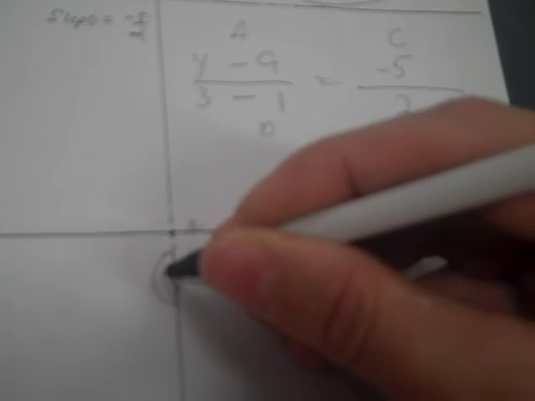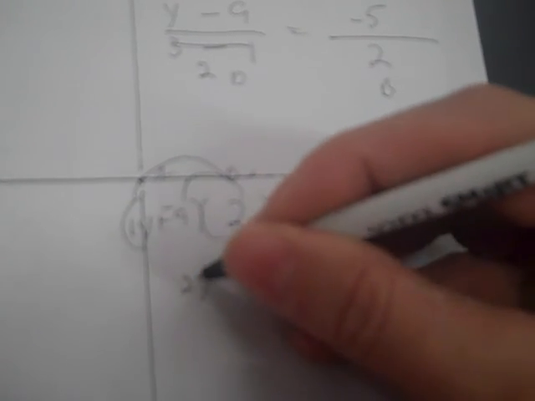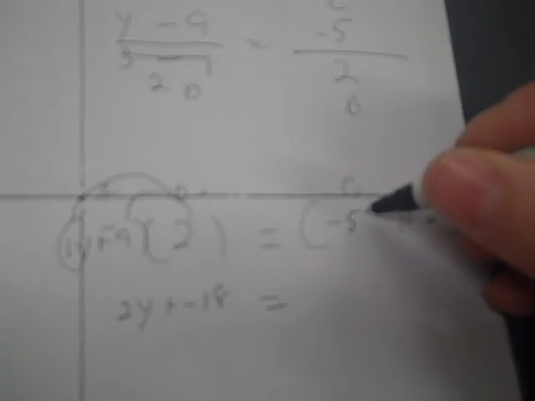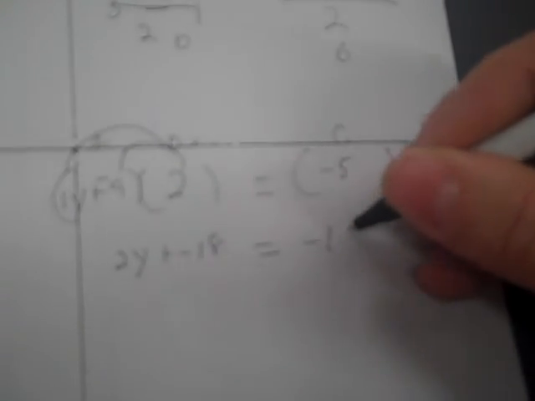So I take A times B, C times D. So A is y minus 9. I'll put a 1 in front, make the 9 plus negative. And the B is 2. C is -5. D, 3 minus 1 is 2. Okay, so I just put 2 there. So I use the distributive property. 2 times 1y would be 2y. 2 times -9 would be -18. -5 times 2 would be -10.